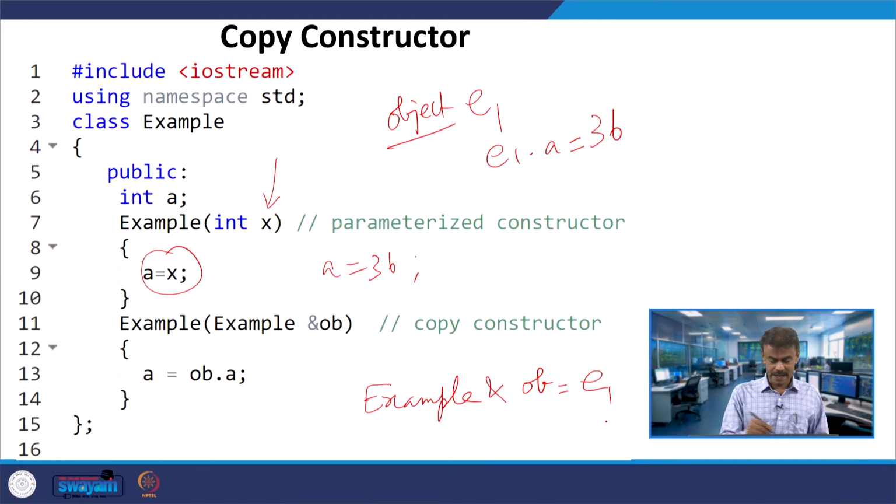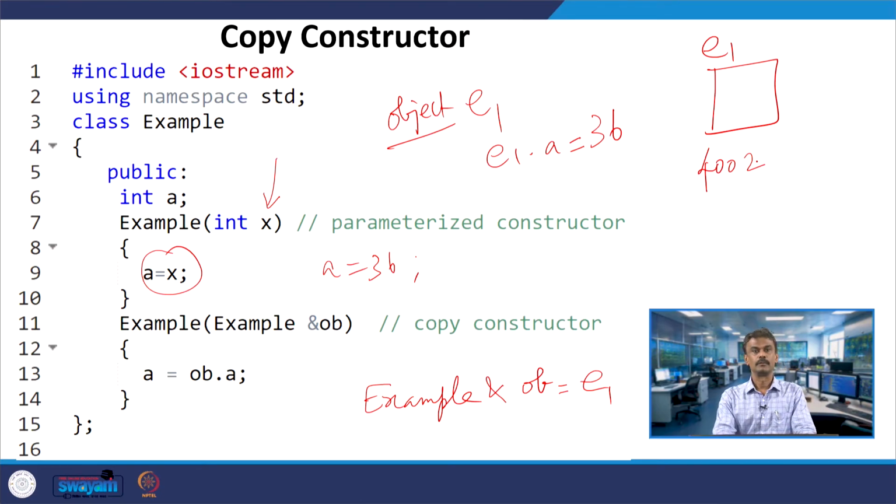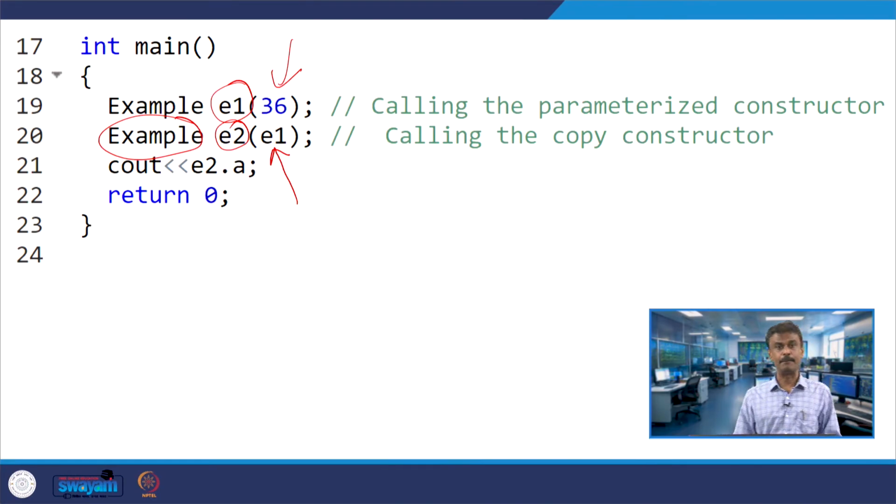When you are creating this object, E1 will have some memory. Let us say this will be the location 4002. When I display E1, it will give 4002. Now when I have this, Example reference OB, whereas in the main I am passing E1.